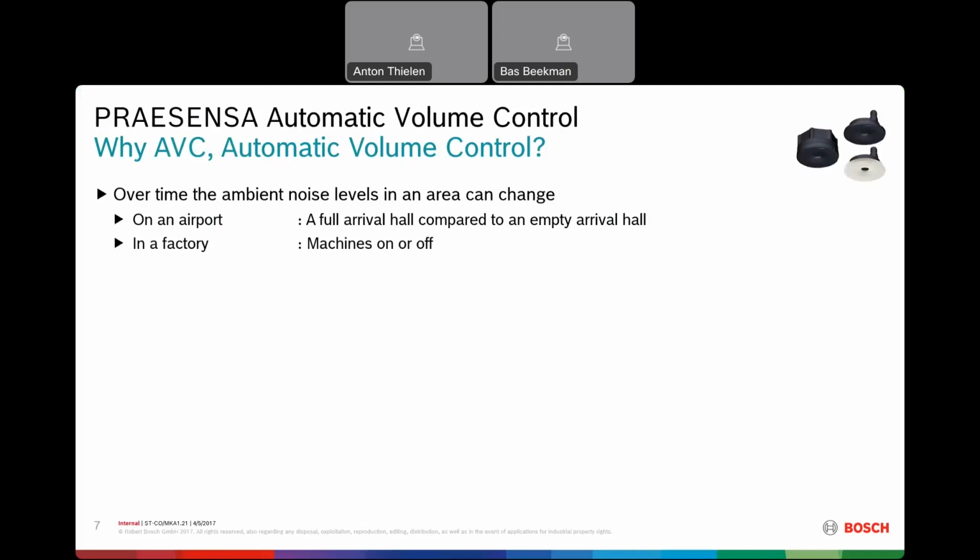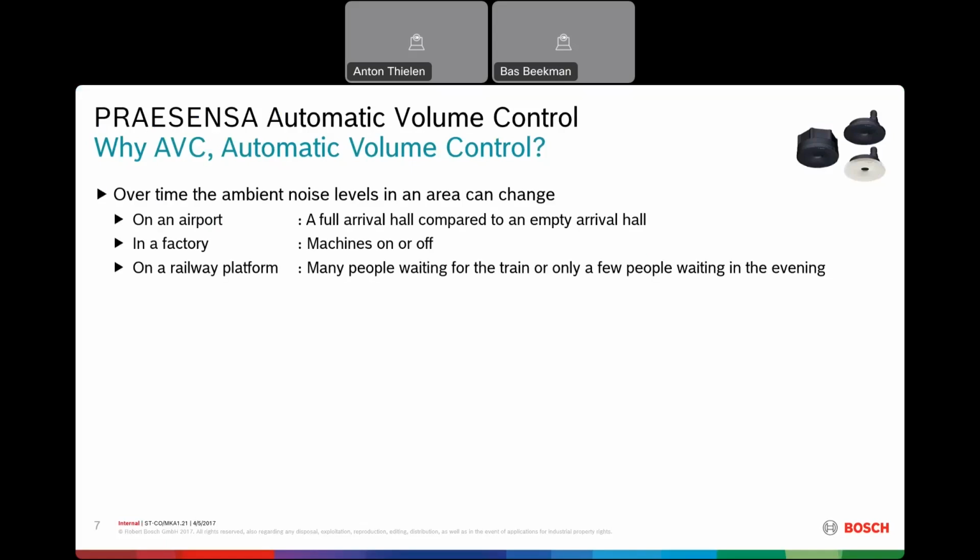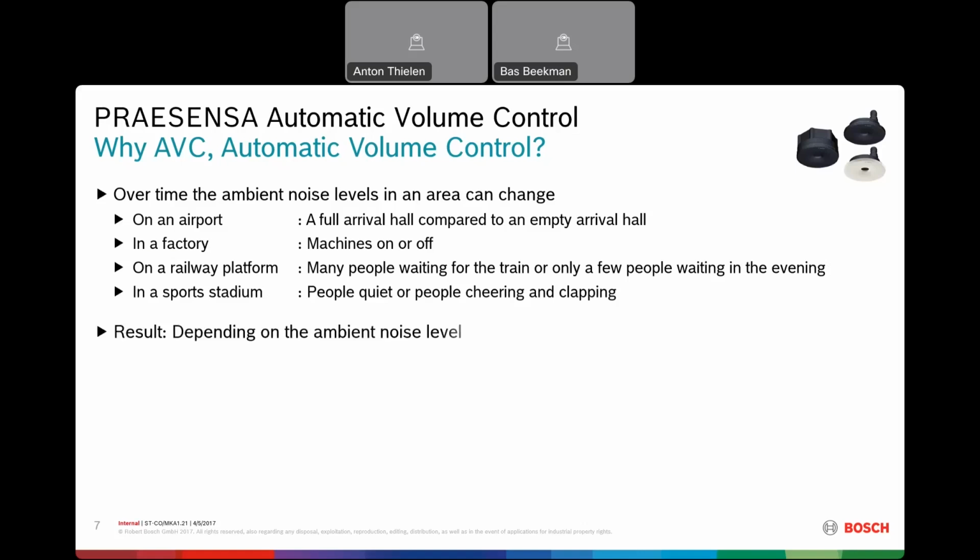Same in a factory where machines would be on or off, or on a railway platform where many people are waiting for a train or only a few are waiting. Or in a sports stadium where people could be quiet or people are cheering and clapping. And as a result, depending on the ambient noise level, the announcement will be very clearly audible, or it will be inaudible due to the high ambient noise level.